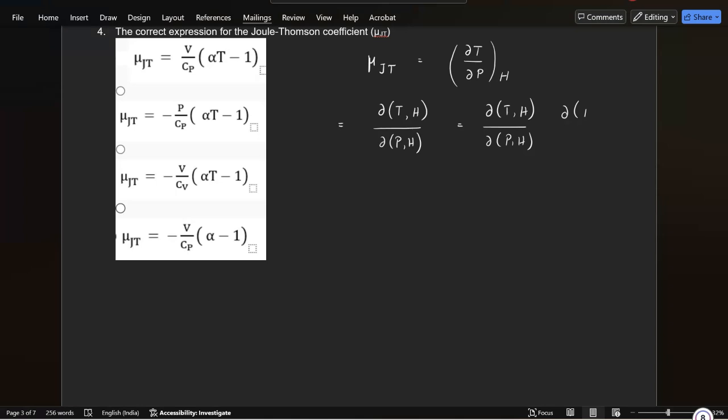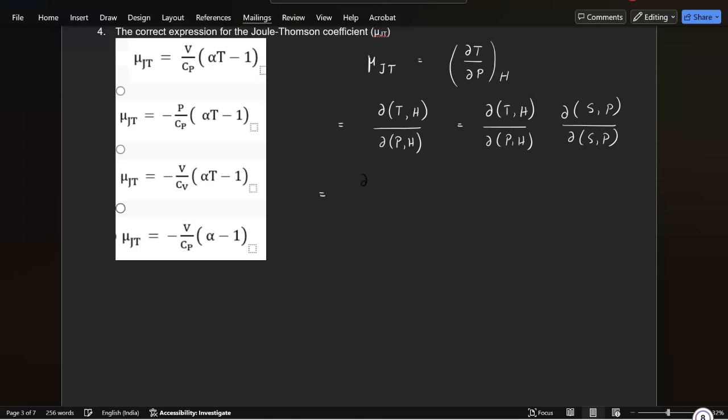I'll use S and P, so that I can get differentials such that I can use the Maxwell equation. So that's why I'm using it.